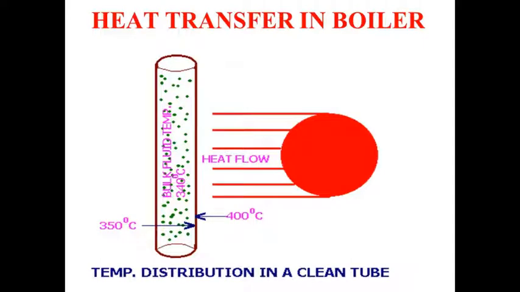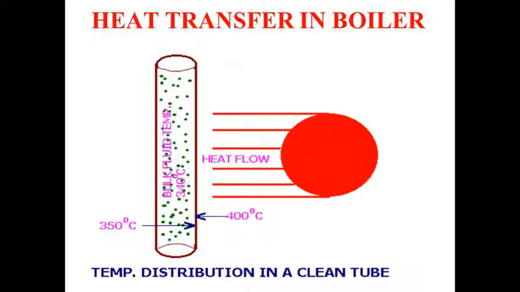Let us now try to understand the process of heat transfer within the boiler furnace and what the impacts of scaling or corrosion, fire side or water side corrosion, are.